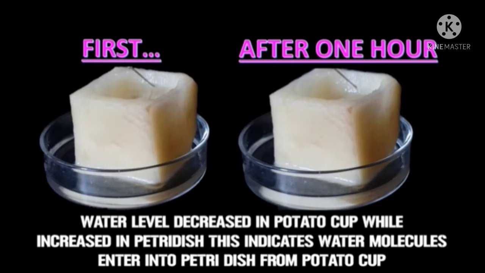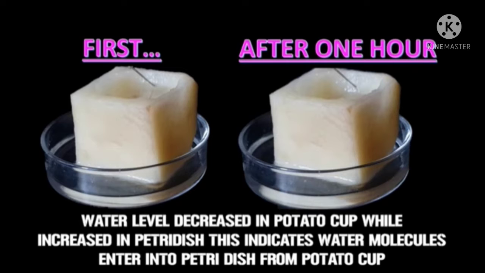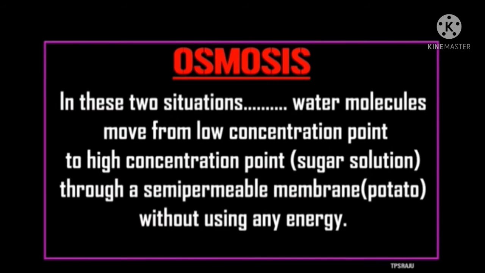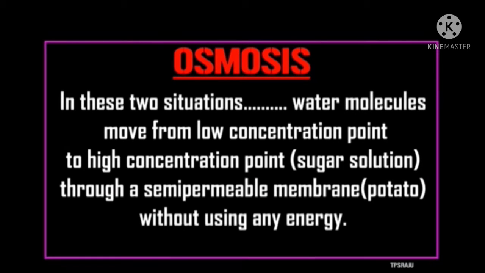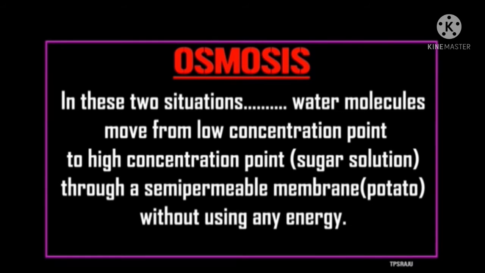This indicates water molecules enter into petri dish from potato cup. So in these two situations, water molecules move from low concentration point to high concentration point through a semi-permeable membrane without using any energy. So this is called osmosis.